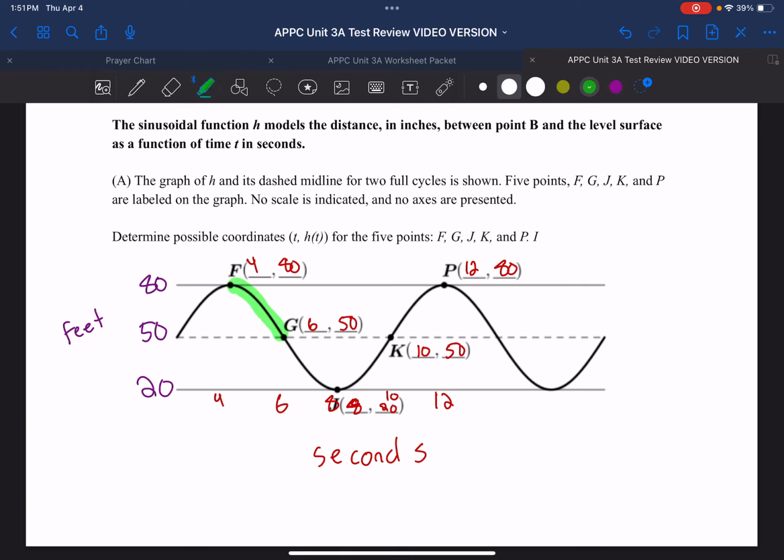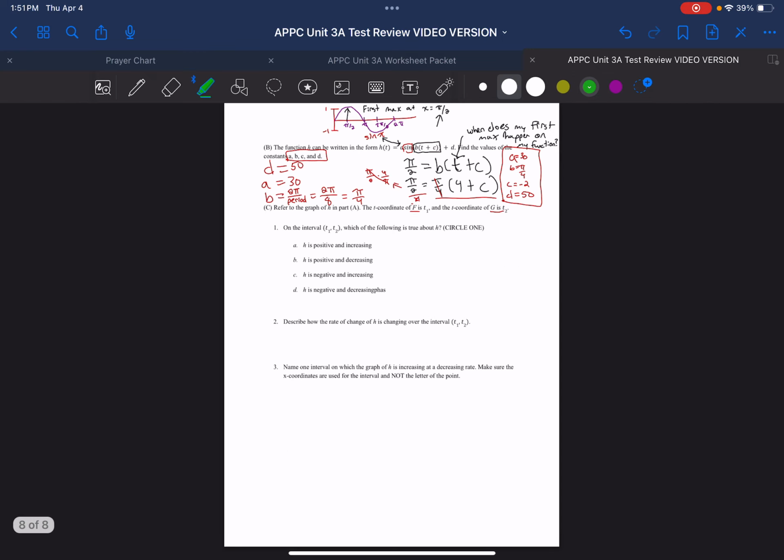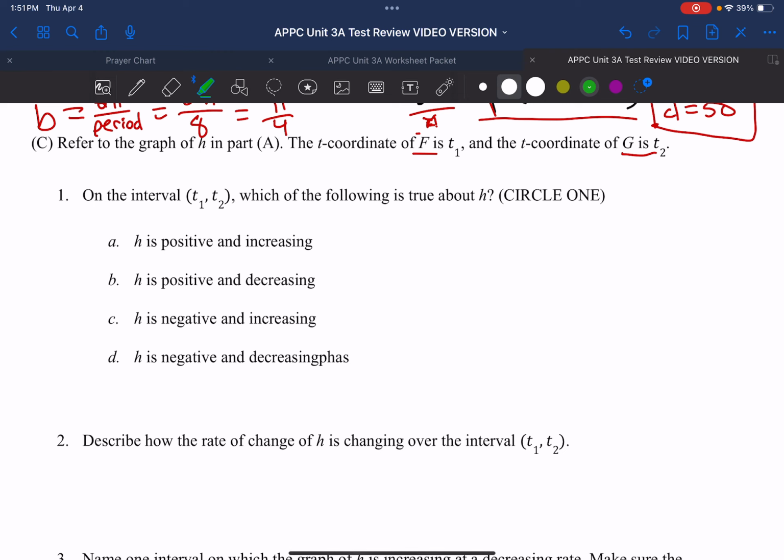Okay, from F to G. Now, what's it asking? On the interval, which of the following is true about H? So this is, oh, sorry about that. We are talking just here about H. We're talking about the function itself.